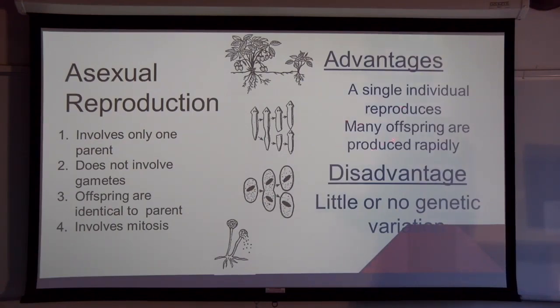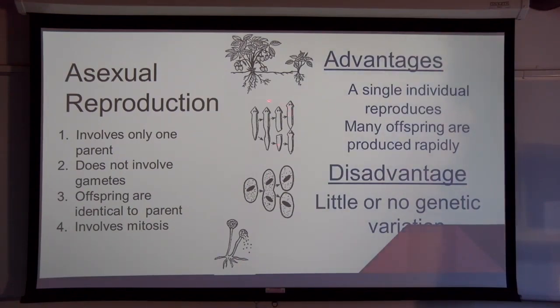Some advantages to asexual reproduction is that the single individual may reproduce rapidly. So we see bacteria fall into this category. The disadvantage is that there isn't any genetic variation in asexual reproduction, little to no genetic variation. Some examples of that, I gave to you in your packet. So right now we've moved on to packet 2 from today.